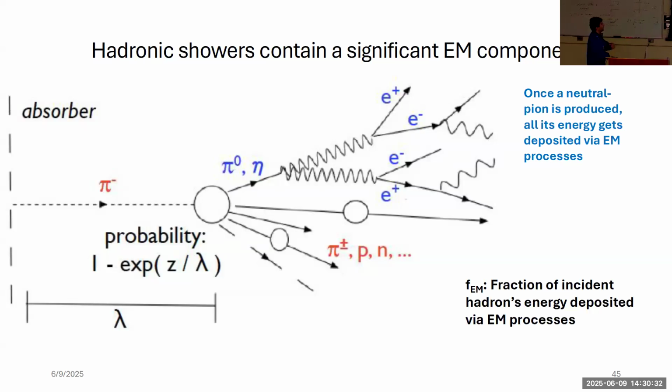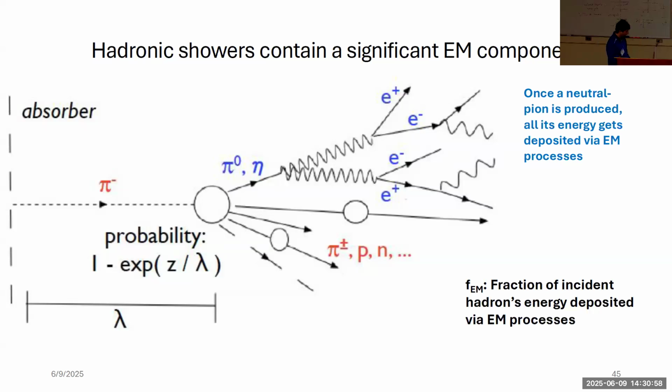Okay, great. So now I wanted to talk a little bit about why hadronic calorimeters have much worse resolution than electromagnetic calorimeters in general. The main thing, as I said, is that you can have an electromagnetic component to your hadronic showers.